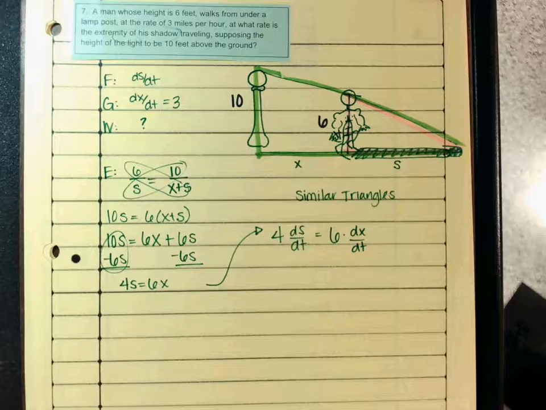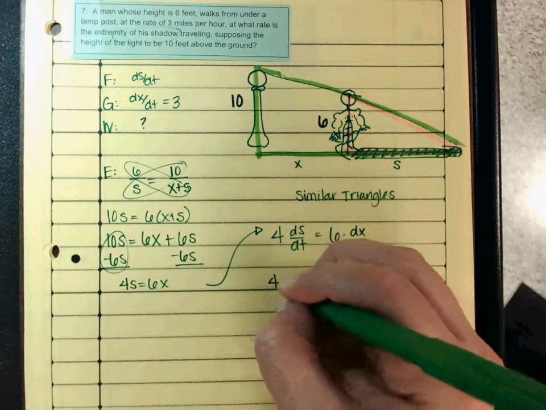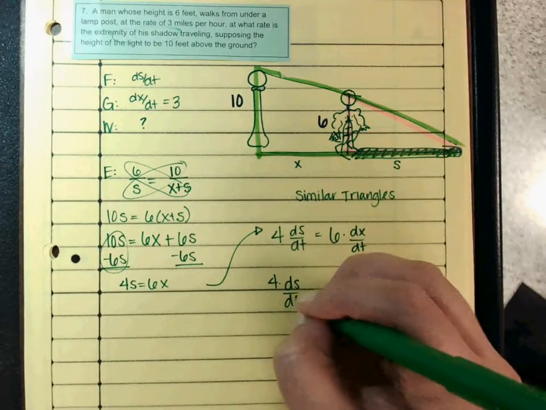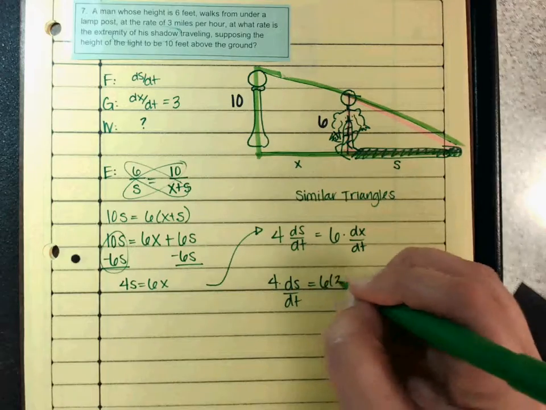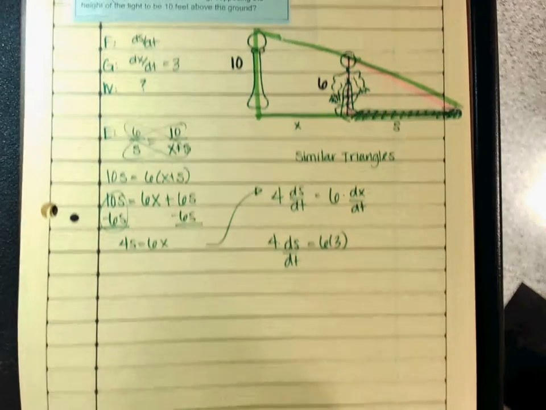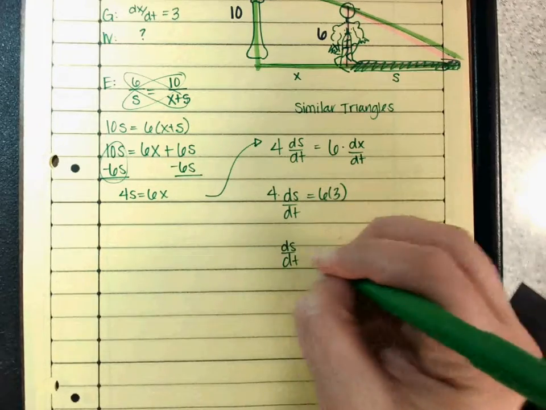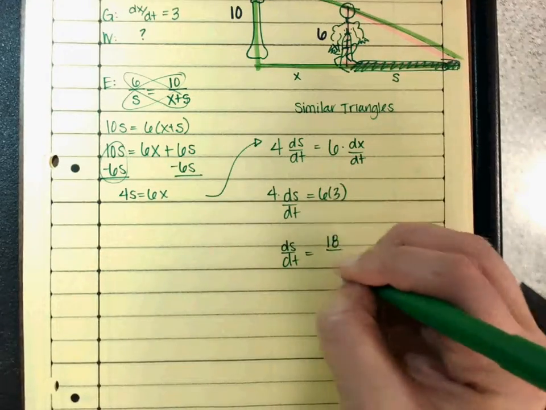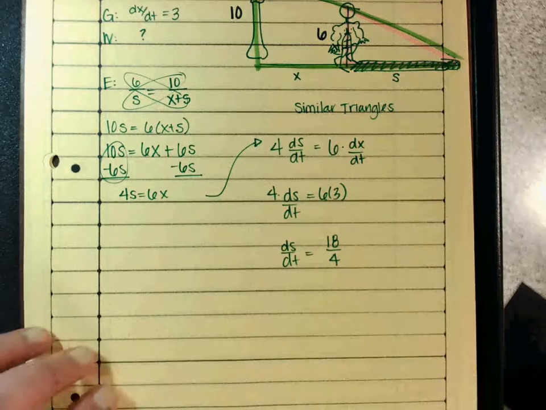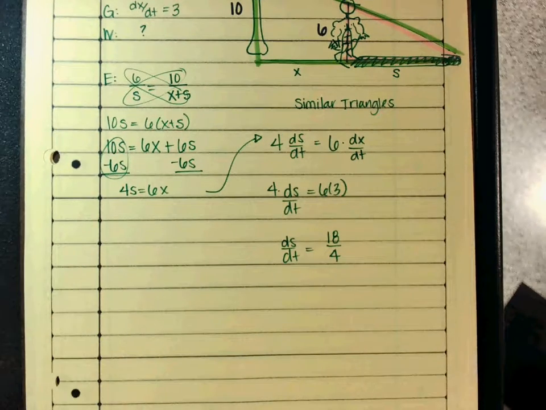Our dx/dt was 3. So 4 ds/dt equals 6 times 3. 6 times 3 is 18. Then ds/dt would be 18 over what? 4. Are we good with that? Okay, so you want to look for similar right triangles. That's going to a lot of times help you write your equation.